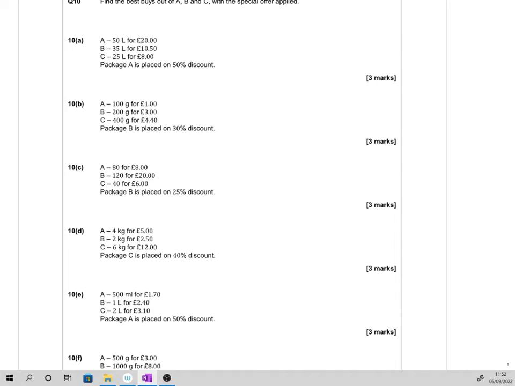So that's 50% discount, which means we've got 50 litres for £10. £10 divided by 50 is 0.2, so that's 20p a litre for A. B is £10.50 divided by 35, which is 30 pence.